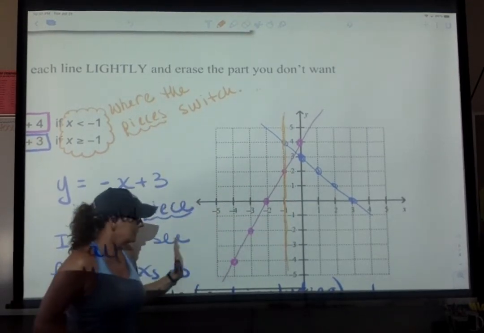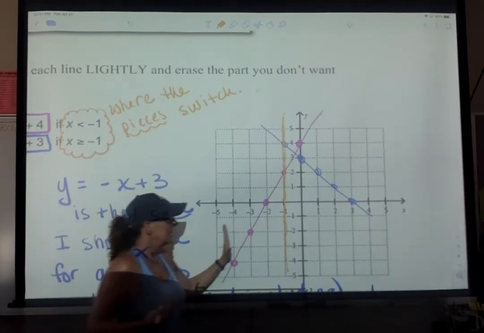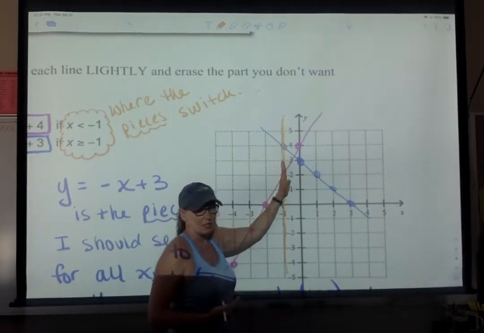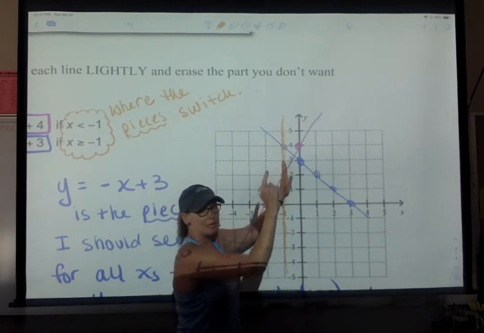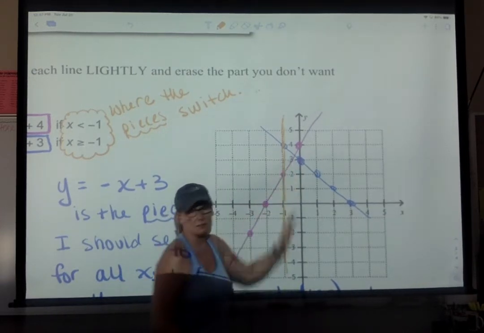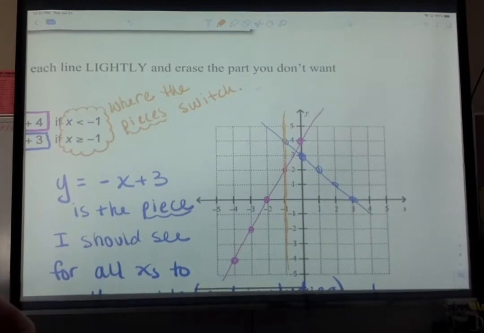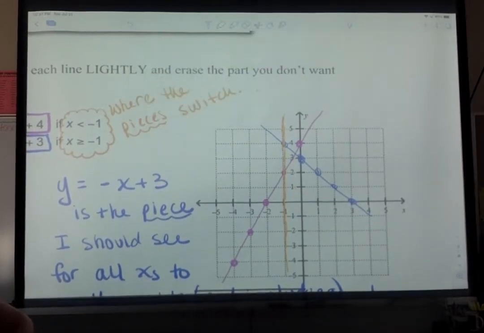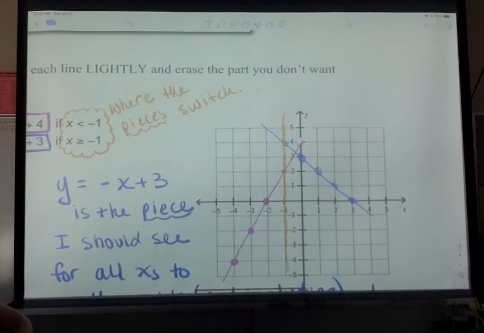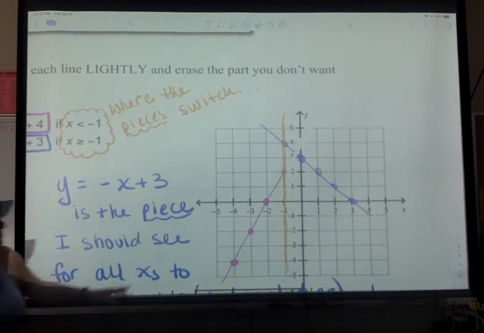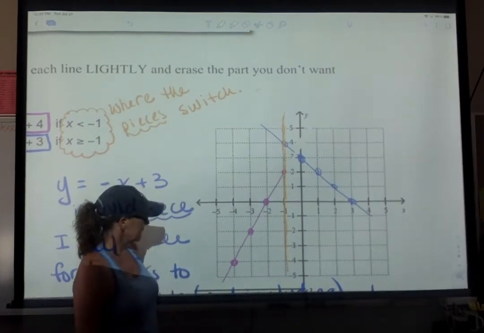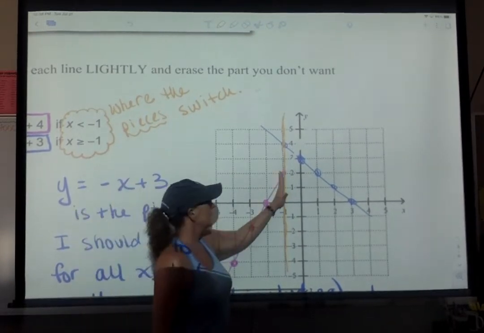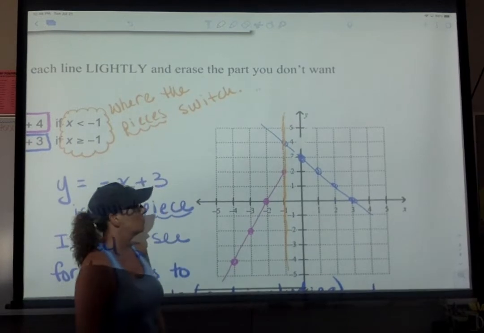The pink is what I need to see leading up to here, which means I need to get rid of all the pink on that side of the orange line. Now all I have is the pink leading up to where x is equal to -1.